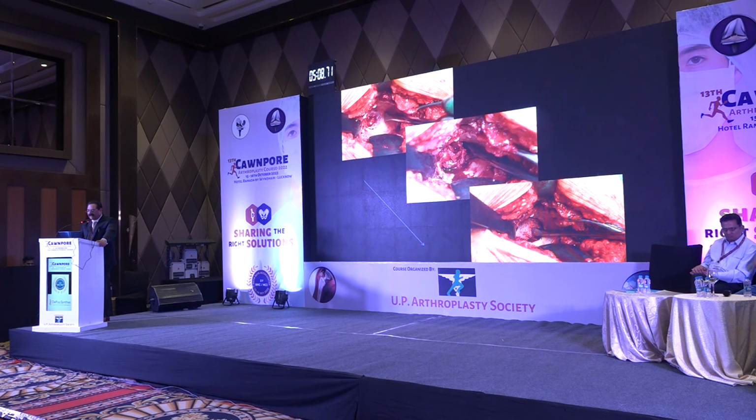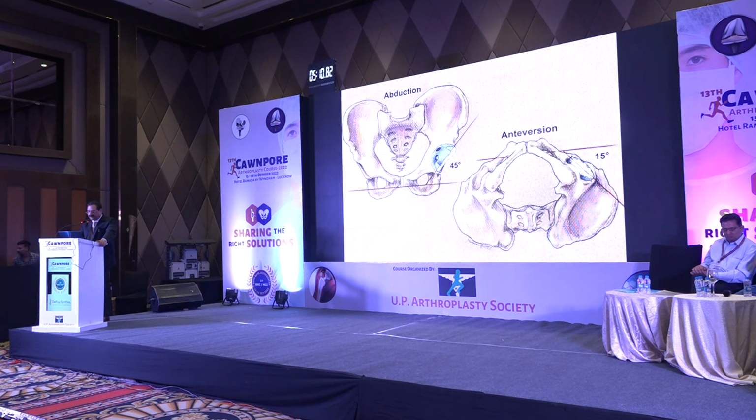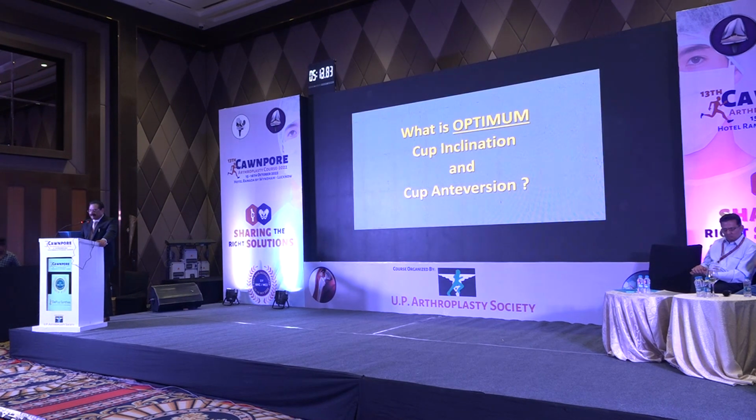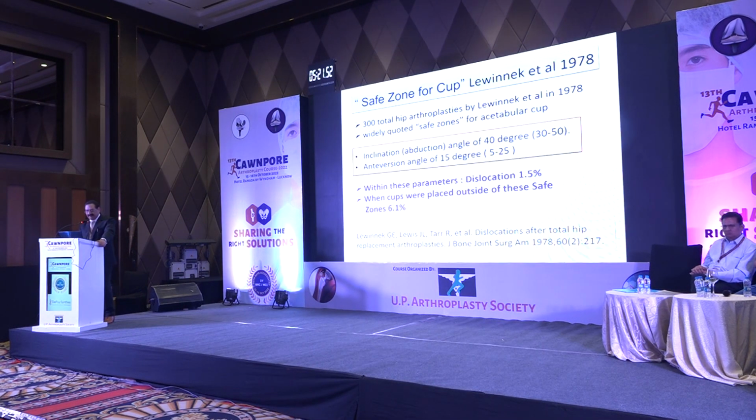Another aspect: how about inclination and anteversion? What is the optimum cup inclination and cup anteversion? The story started way back in 1978, when Lewinnek recommended the so-called safe zone, with an abduction angle of about 40 degrees and anteversion of about 15 degrees.